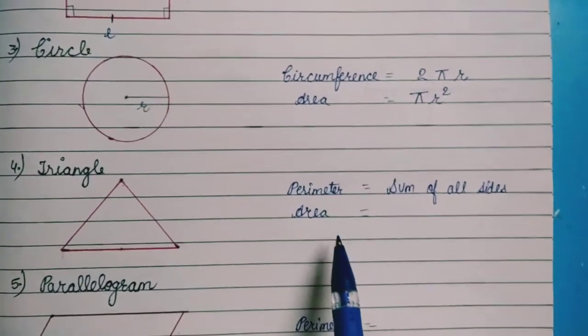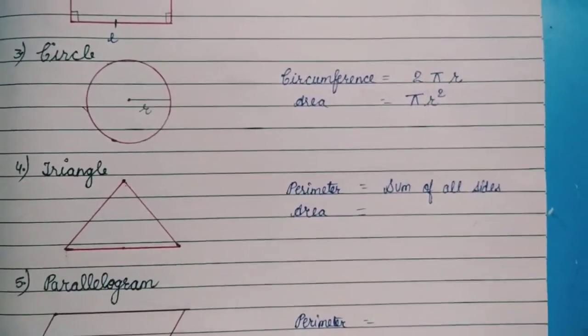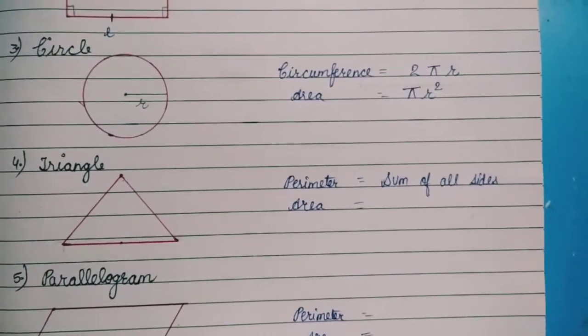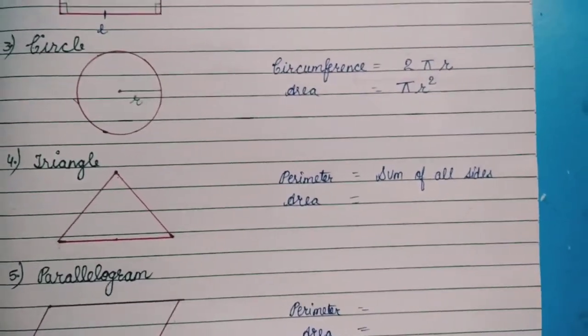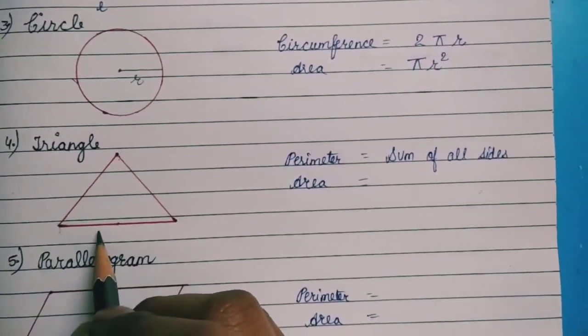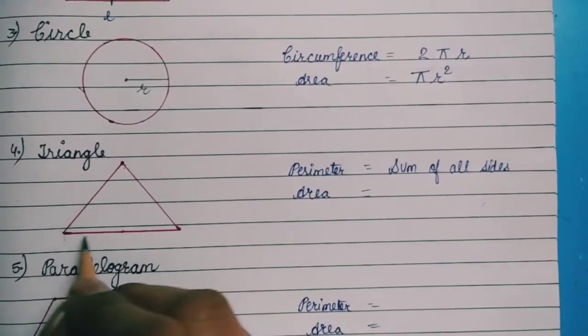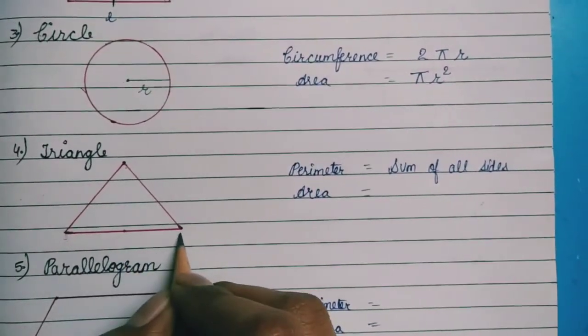Now area. For taking the area of a triangle, firstly we will find out the base. Base means where the triangle is standing, which side of the triangle is touching the floor. Let's suppose this side is touching the floor.